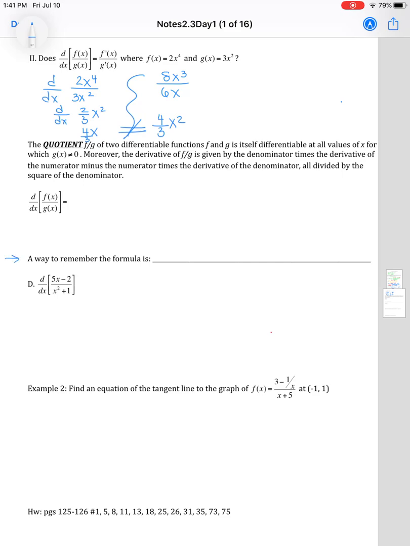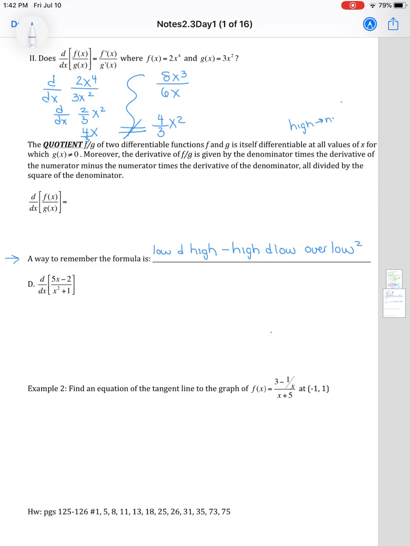So the setup for the quotient rule, I'm going to write the way to remember first before we actually write it out. It is a way that sometimes helps many people remember how to do it. So a way to remember the formula is: low D high minus high D low over low squared.